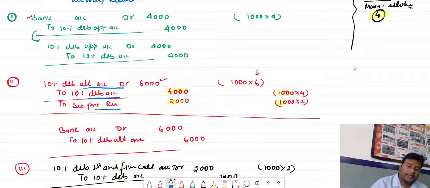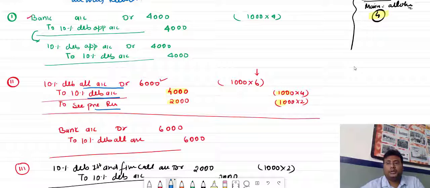So we have covered debentures issued at par, debentures issued at discount, and debentures issued at premium. In the next class, we will discuss how calls in arrears take place in debentures. Redemption of debentures will not come in your syllabus this year.